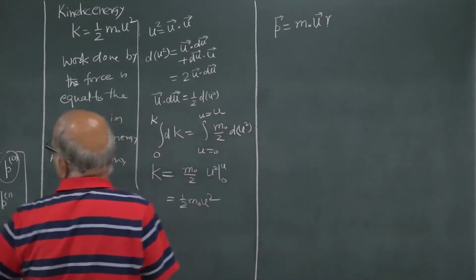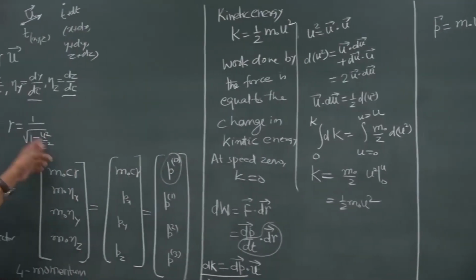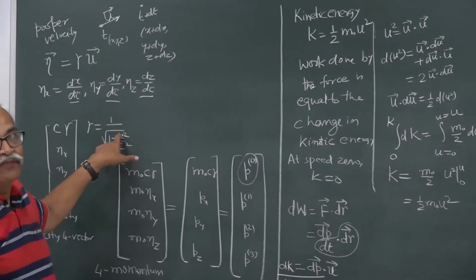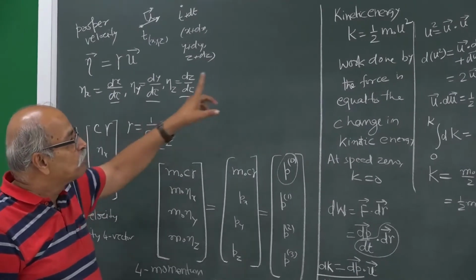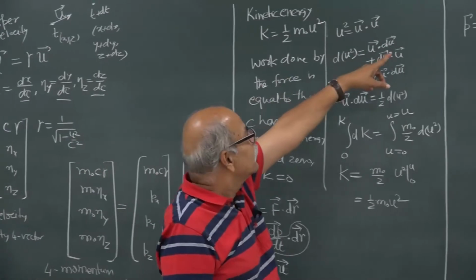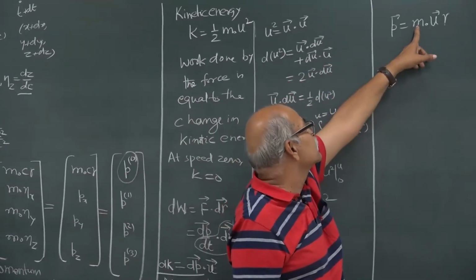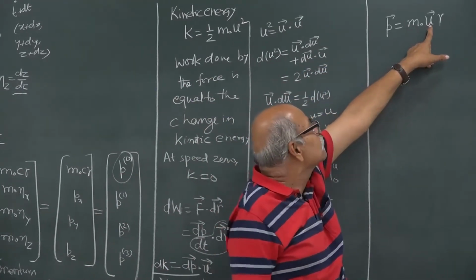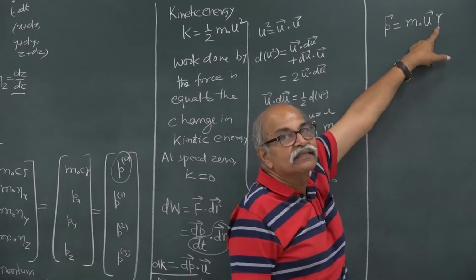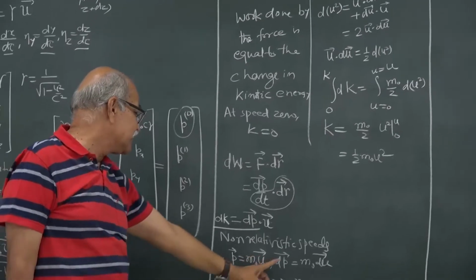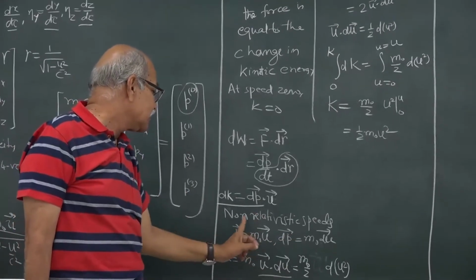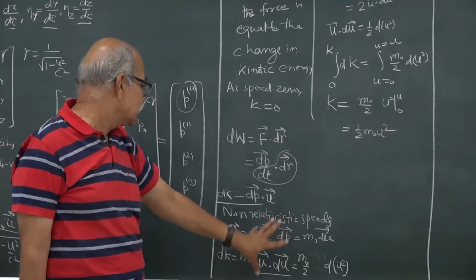Remember, this is the same gamma, gamma of u, the particle speed is u. So, momentum is defined as m naught, which is the mass of the particle, times the ordinary velocity, times that gamma. So, that I should use here. This is the place where I am using, for the first time, the fact that I am not restricted to non-relativistic speeds.